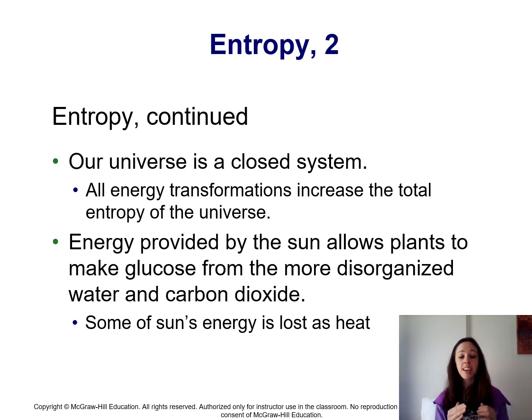And that is because energy is lost as herbivores eat plants, omnivores or carnivores eat those herbivores, and then those top predators eat the herbivores or omnivores. And so therefore, we need that constant source of energy for plants to produce large amounts of glucose so that we can have those top predators in our ecosystem.